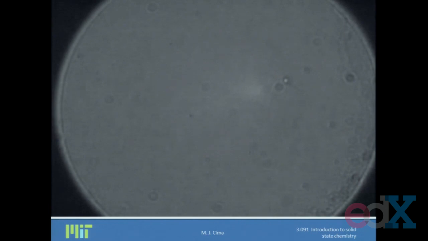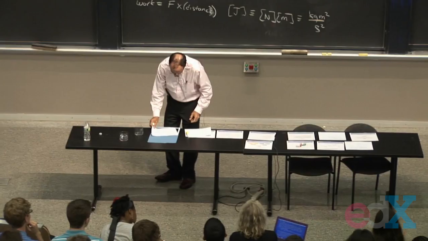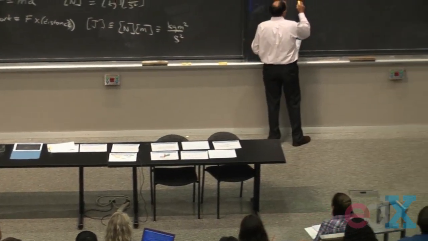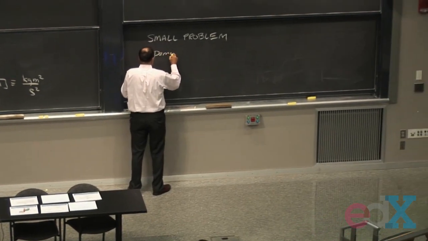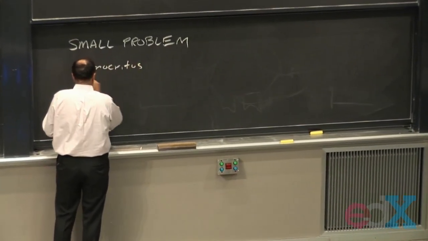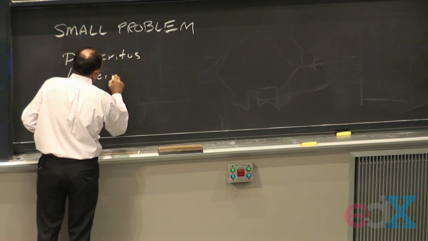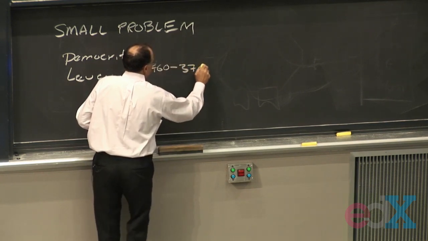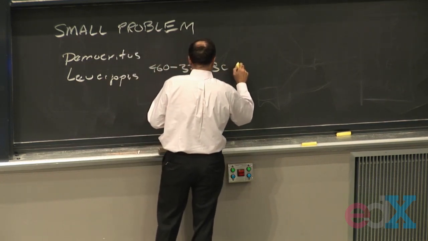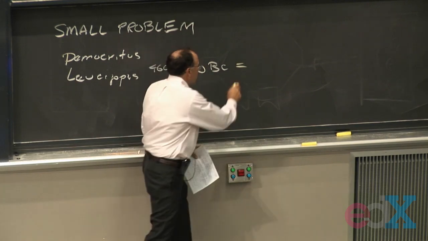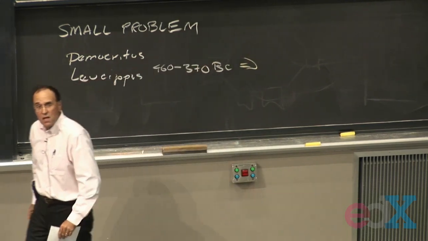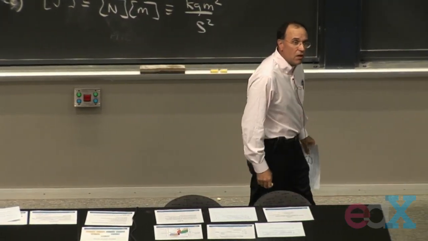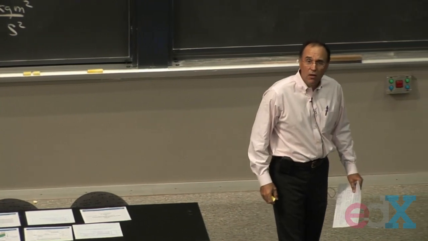So Democritus and his teacher Leucippus, around 460 to 370 BC, noticed this. And he said, well, the only way that this can be explained is that the water is not a continuum.